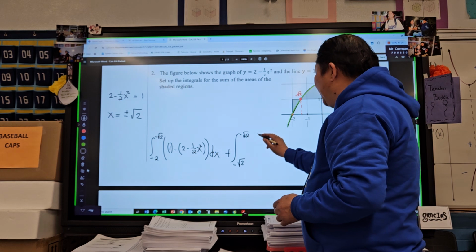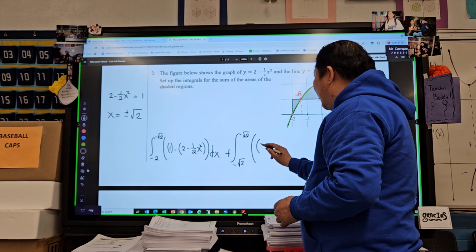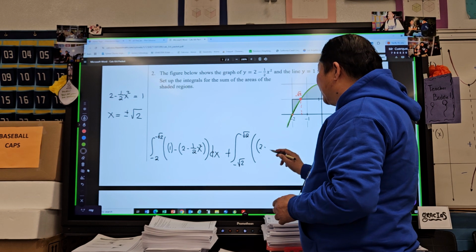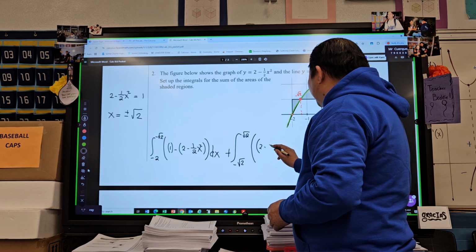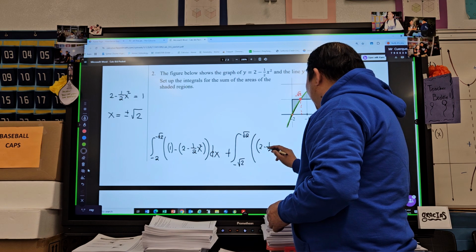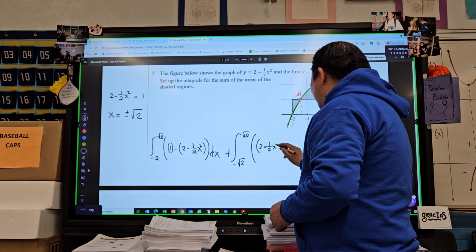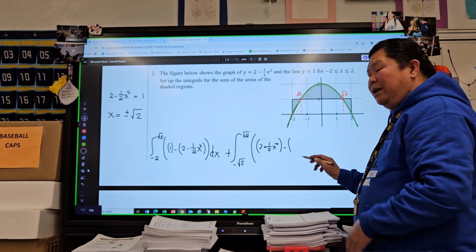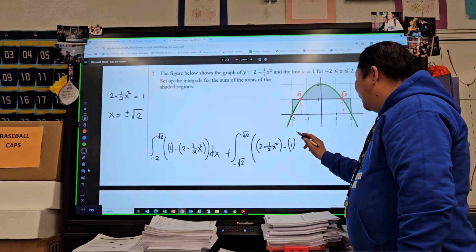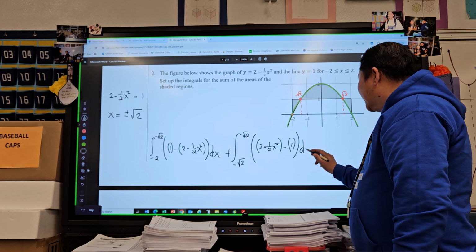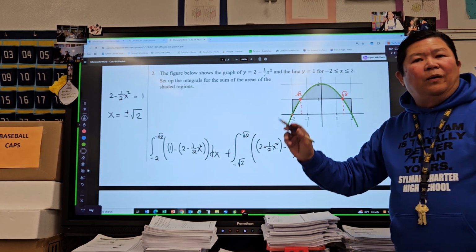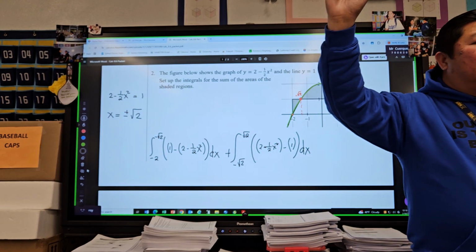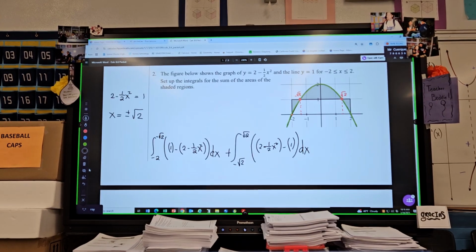So 2 minus 1/2 x squared, and then minus the lower curve, which is now the line, and then dx. And who wants to continue the last interval? Joseph, the last interval.